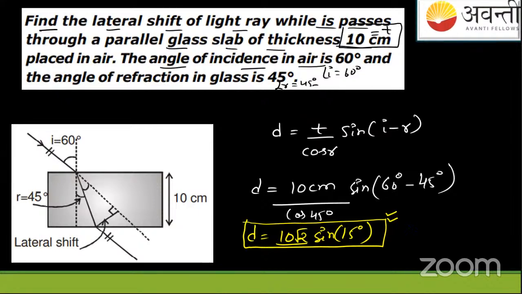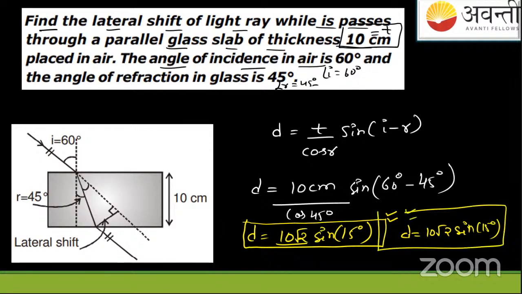Got it? You will get it like this, 10 root 2 sine 15 degrees. It's not a thickness, this is the lateral shift, which was asked in this question. I hope it's clear to you. In the chat box, you can text me if this solution is clear. I hope it's clear.